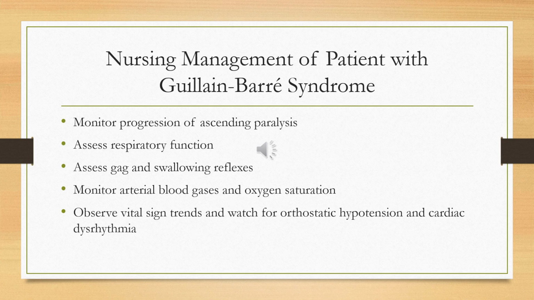Monitor for any signs of confusion or anything like that might indicate decreased oxygenation. And you want to monitor their oxygen saturation as well as their arterial blood gases. Provide good skin care again, because if they get to the point where they're not able to move appropriately, then they will be at risk for skin breakdown. So we want to prevent skin breakdown.